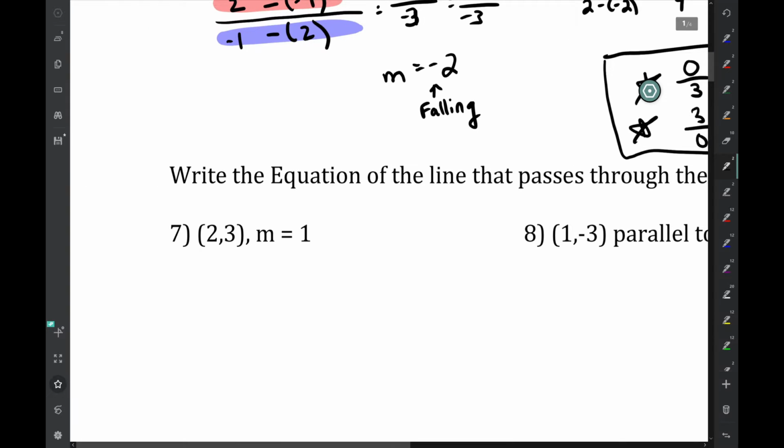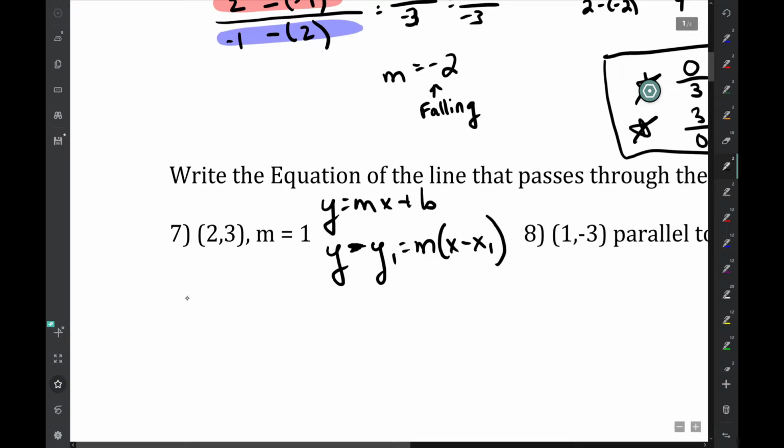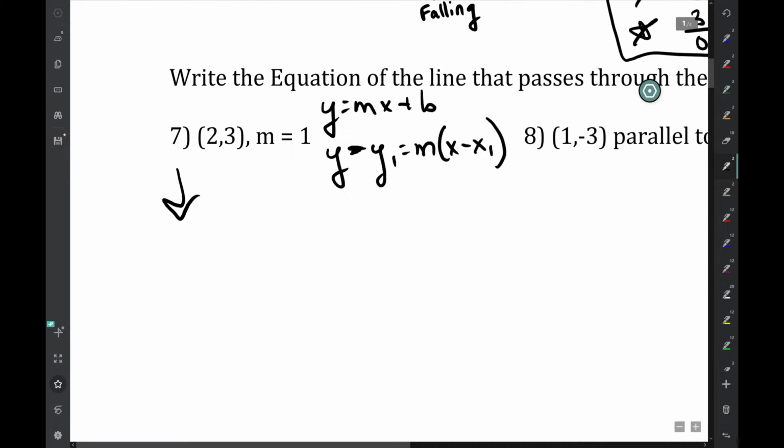Writing the equation of a line. Again, we're looking at y equals mx plus b. Other equations you'll need is y minus y1 equals m times x minus x1. For number 7, it's easy, we have our slope and we have a point. So we're going to use point slope form.